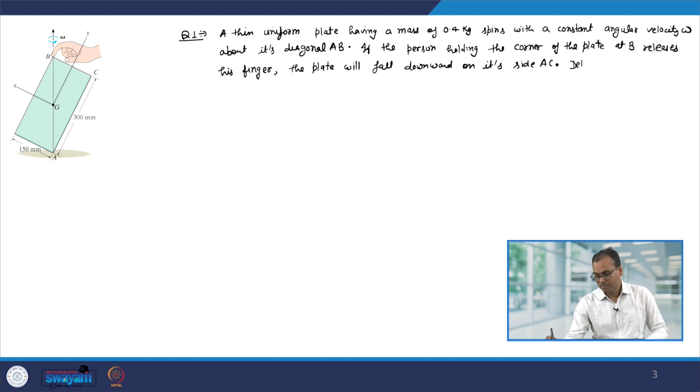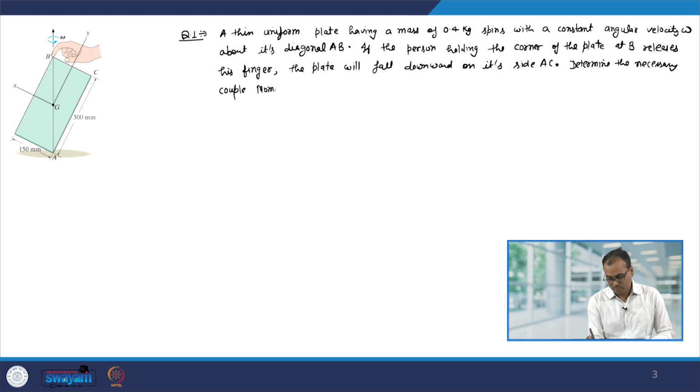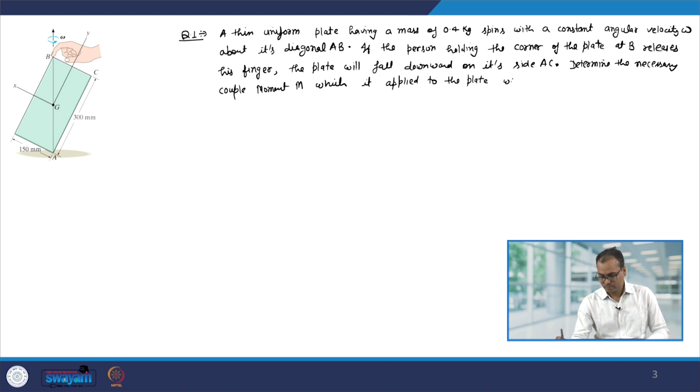Determine the necessary couple moment M which, if applied to the plate, would prevent this from happening.